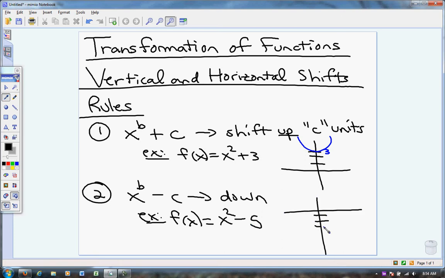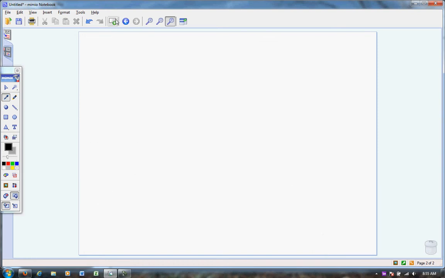So 1, 2, 3, 4, 5, and that parabola is going to look like that. So the minimum value, or the vertex of the parabola, which we will talk about later, gets moved down 5 units. Those are the first 2 rules.